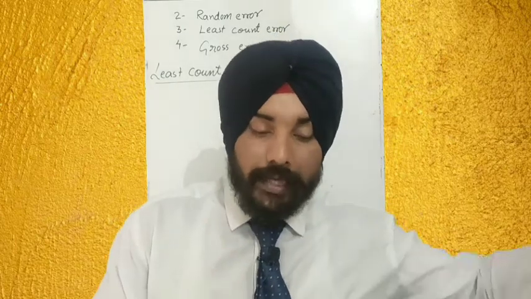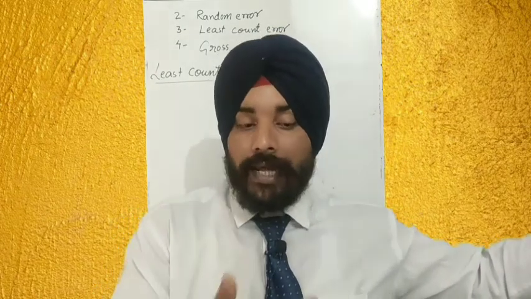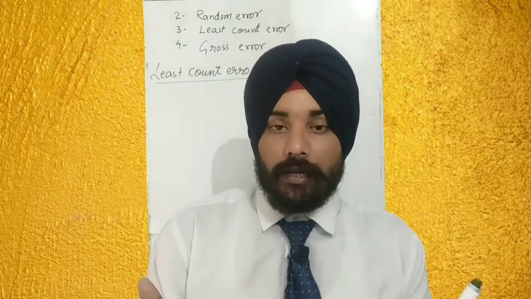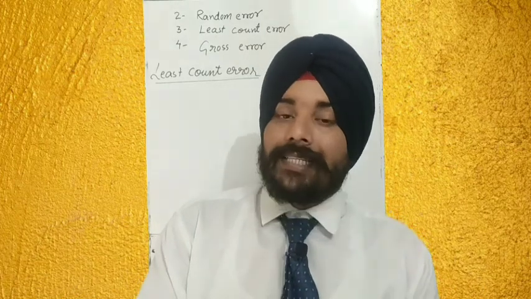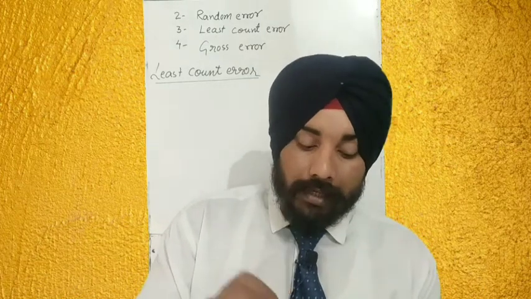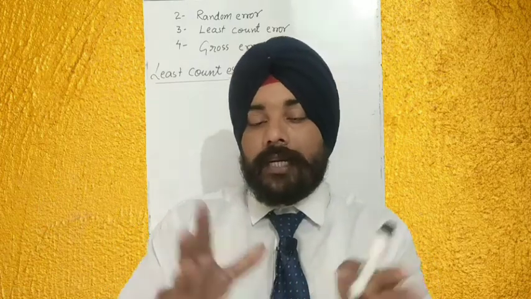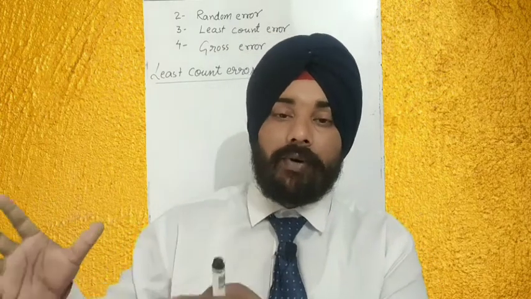If someone asks you to measure the length of a line of 0.1 millimeter with a normal scale, it is not possible. Okay, so this is the error condition. That means this is the smallest value; below this smallest value an instrument cannot measure things accurately.